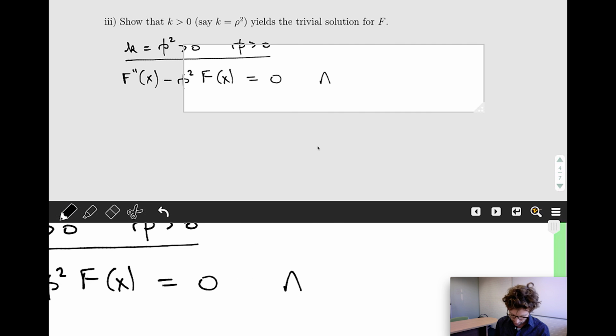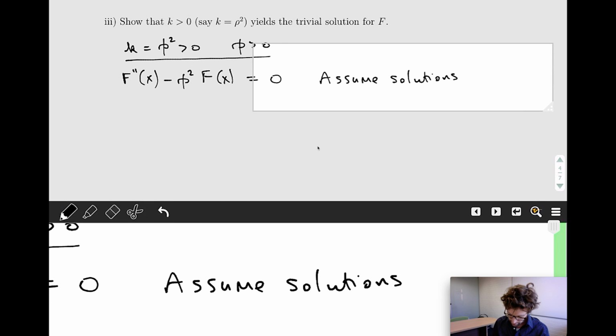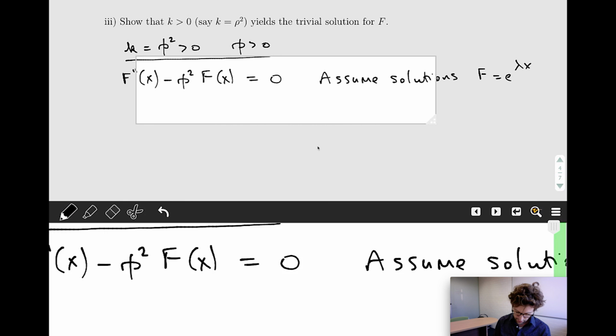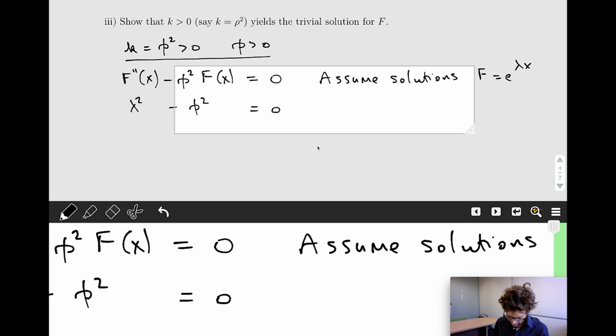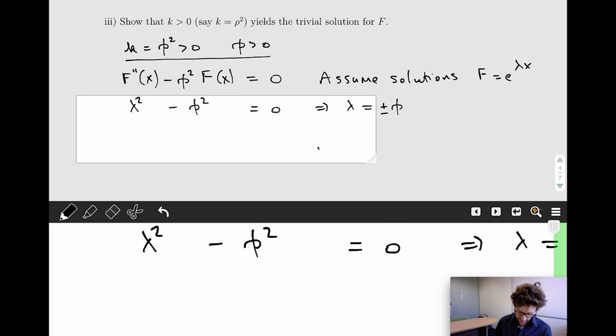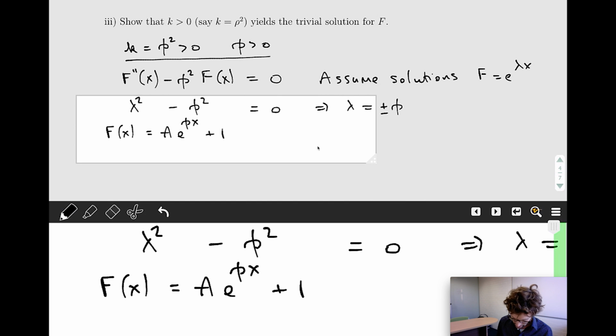So as usual, we assume solutions of the form f is equal to e to the lambda x, which gives me my characteristic equation for lambda. This has solutions lambda equal to plus or minus p, which means that f of x is made up of exponentials: A e to the px plus B e to the minus px.